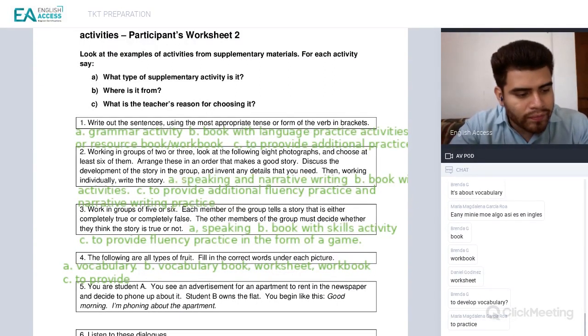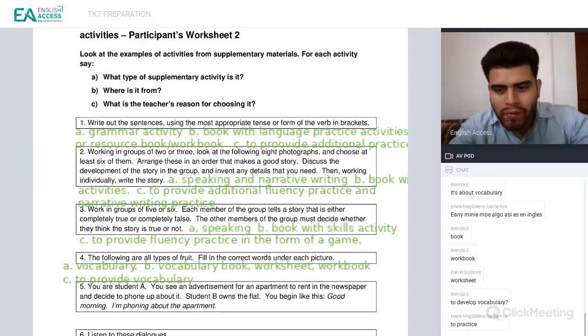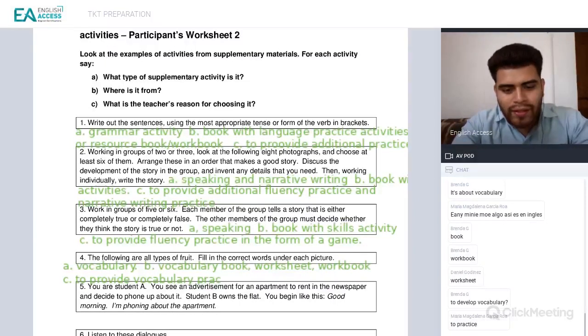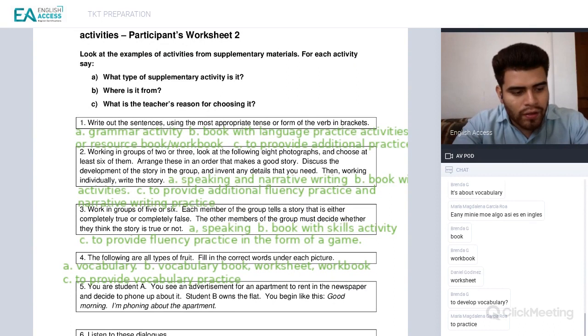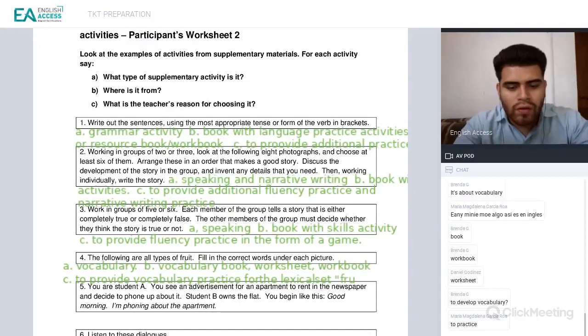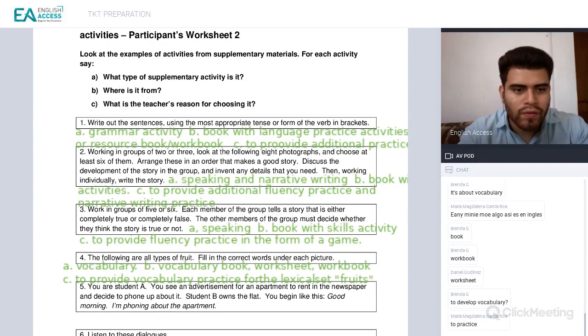Provide. I'm going to combine your answers. To provide vocabulary practice, to provide vocabulary practice for the lexical set. Fruits.